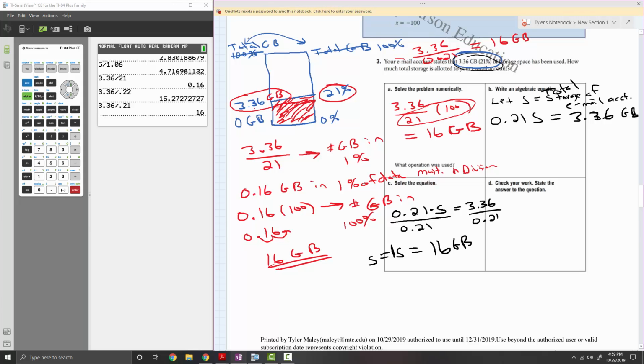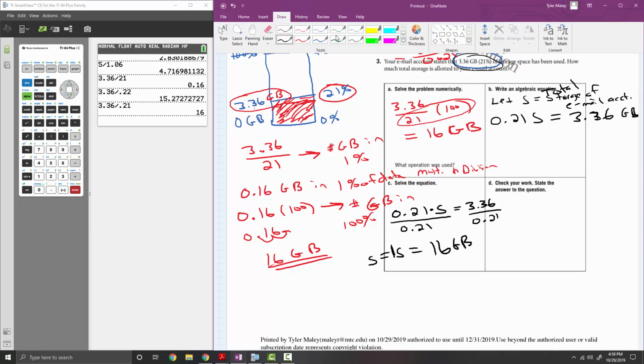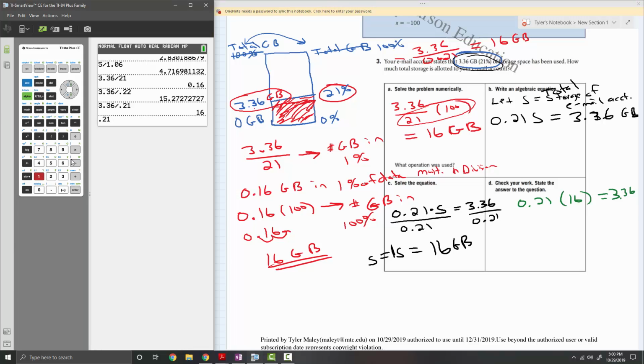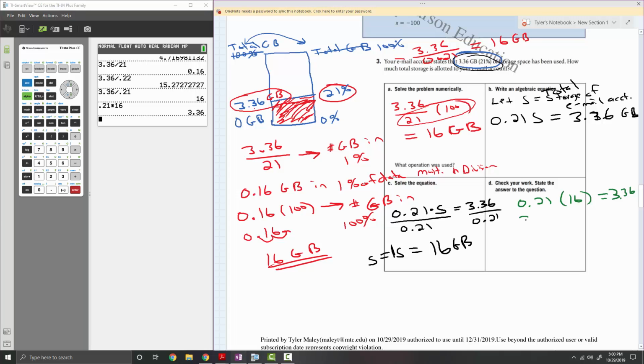Then, of course, we can check our work. So I can take 0.21, plug in 16, and see if this equals 3.36. So 0.21 times 16 is equal to 3.36.